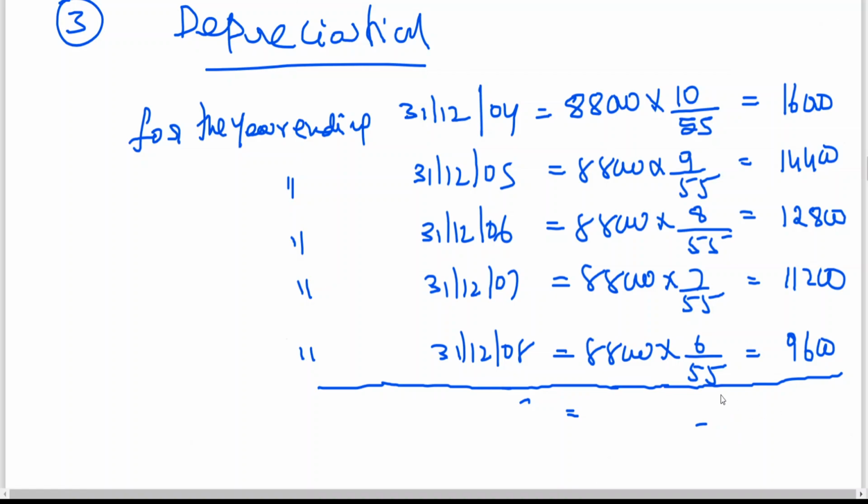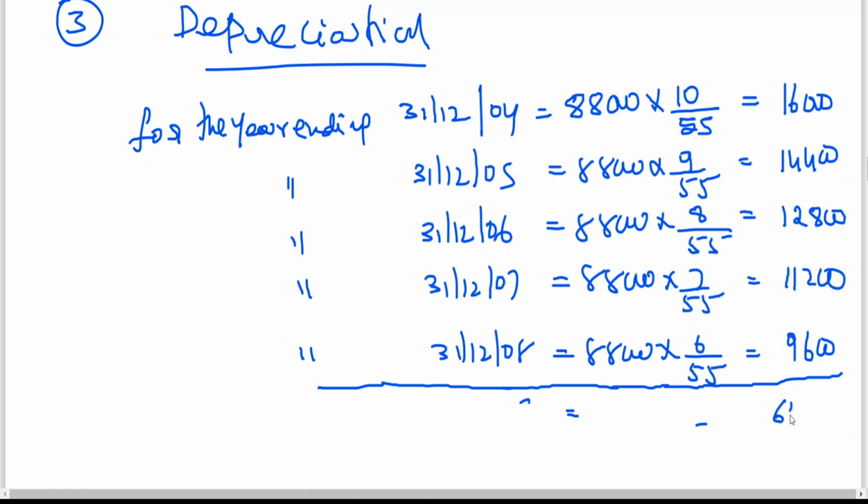Now let us see the total. 16,000 plus 14,400 plus 12,800 plus 11,200 plus 9,600. Sir, why are you not calculating?